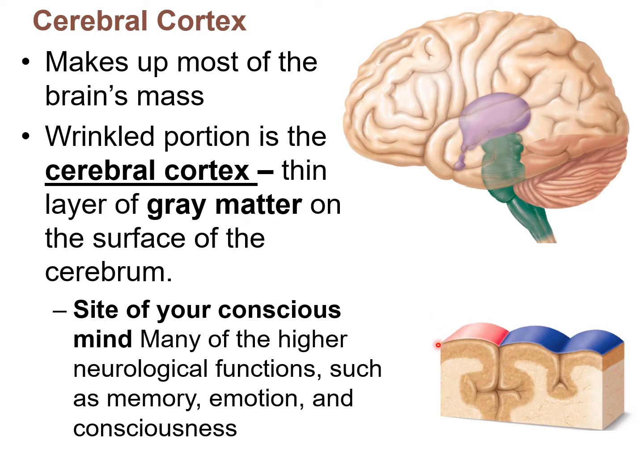Gray matter, remember, is unmyelinated neurons, where if we go deeper, we go into white matter, which are myelinated nervous tissue. But the cerebral cortex, yeah, that's your gray matter. So it's this entire surface, all these gyri and sulci and all of your lobes. That's your cerebral cortex, and that's the site of your conscious mind, which you can read here.